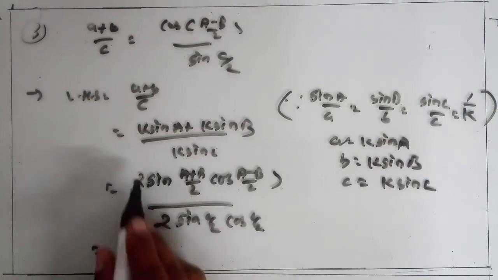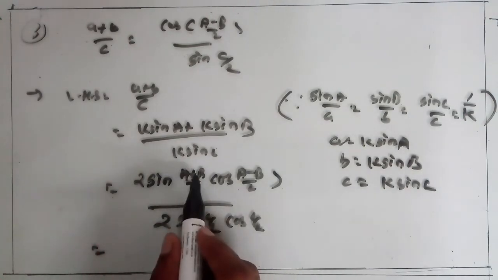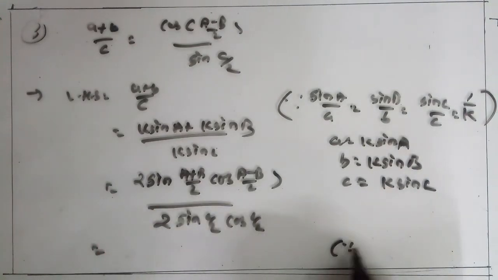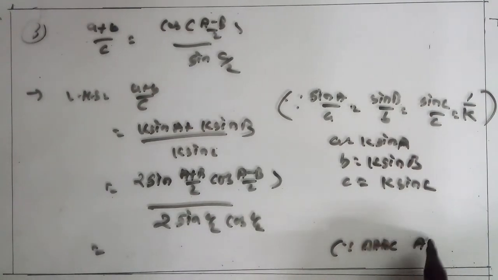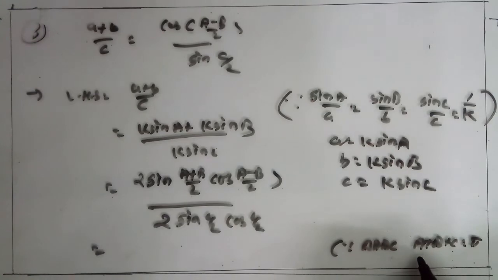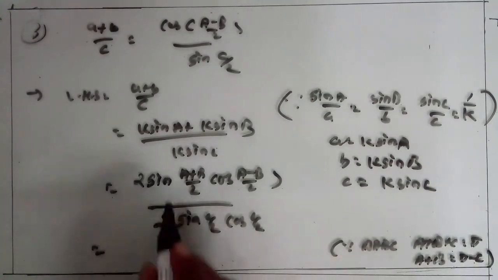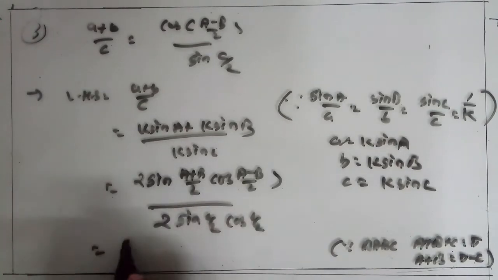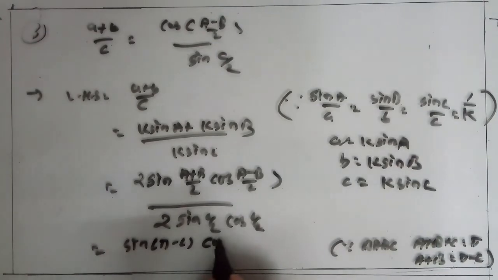So 2 cancels from both. In a triangle ABC, A plus B plus C is equal to pi, you know that. So A plus B is equal to pi minus C. So 2 cancels, sin of (pi minus C) into cos of (A minus B) upon 2.